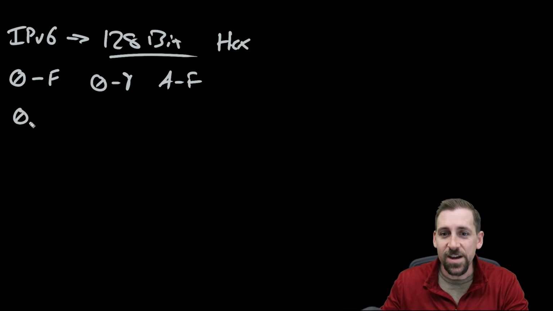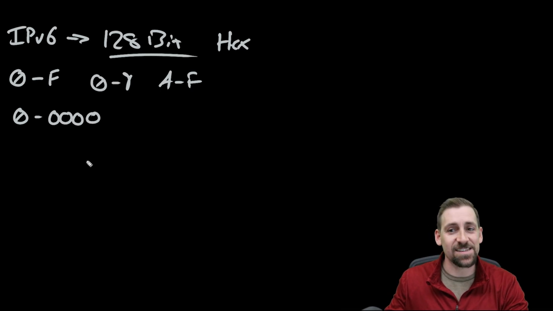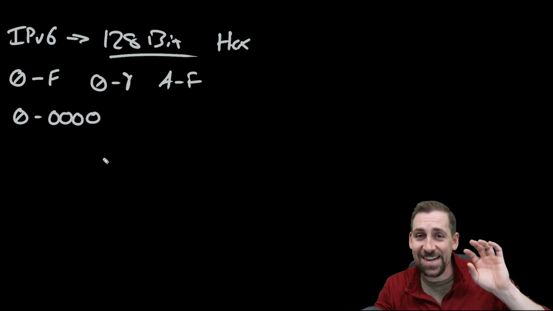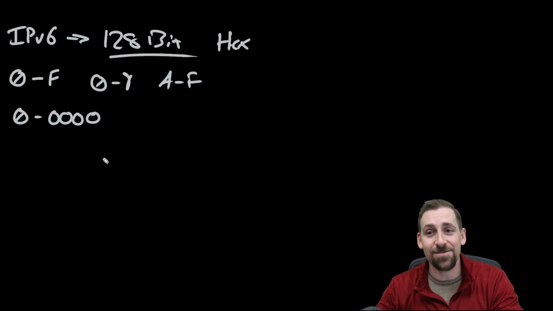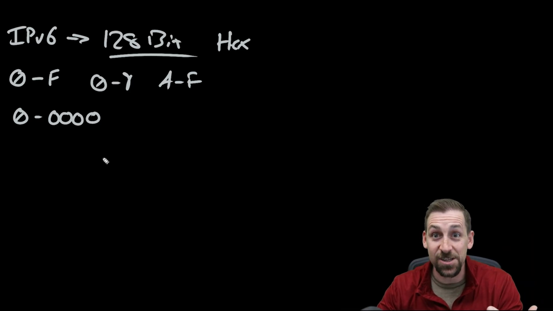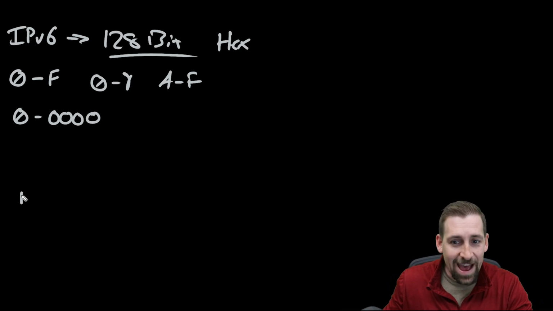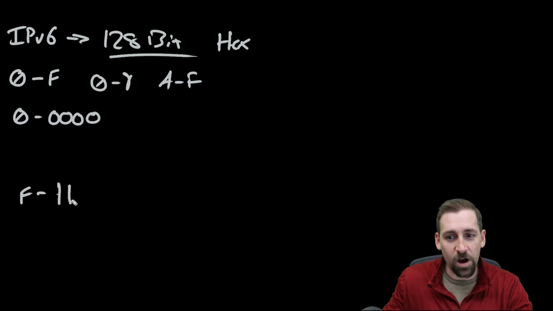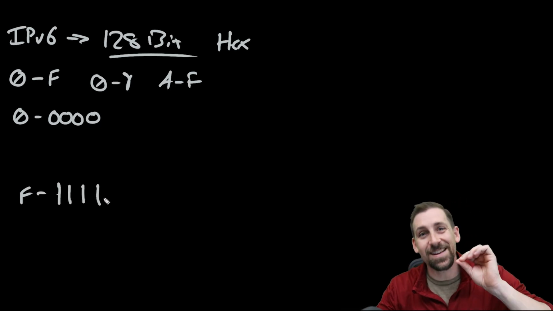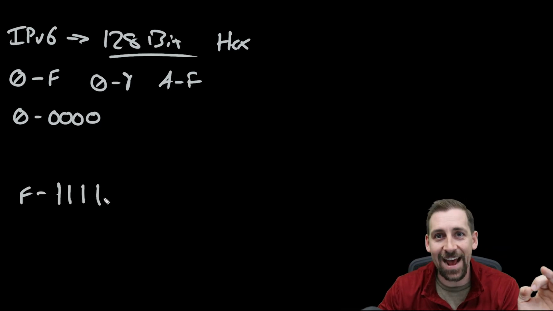So 0 is represented by 0, 0, 0, 0 in hexadecimal because we are converting this hexadecimal character to a binary addressing scheme for the IPv6 address space, as opposed to F, which is 1, 1, 1, 1, represented by zeros and ones. This is converting hex to binary.